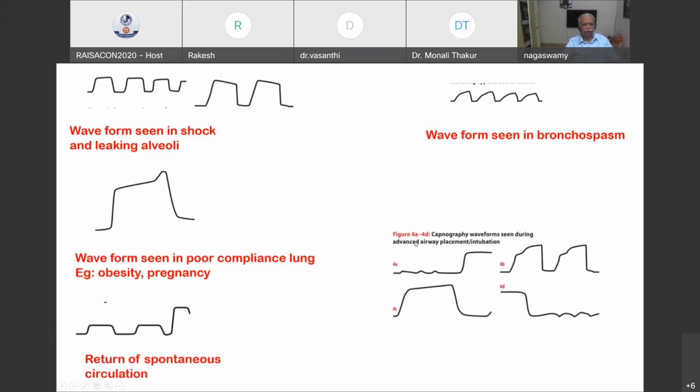Now there are 4 waveforms shown here: capnographic waveforms during advanced airway placement. That is, when you try to intubate, you get 4 waveforms like this: 4A, 4B, 4C, and 4D. You must say what are all the various things happening in these waveforms.